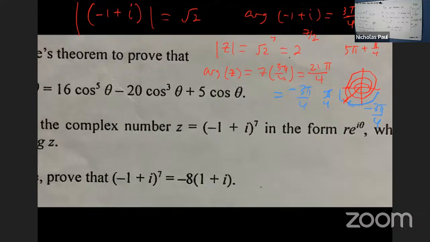Your final answer will be z equals 2 to the 7 on 2, or you can write root 2 to the 7 times e to the minus i 3 pi on 4. Leave it like that because you'll need the exact value to figure out part 3.